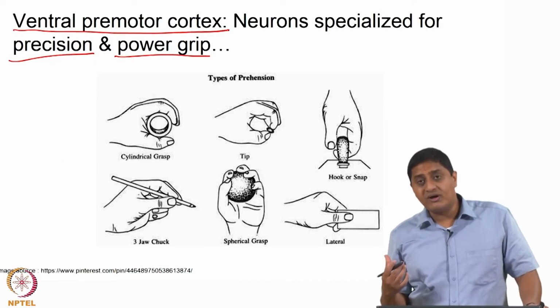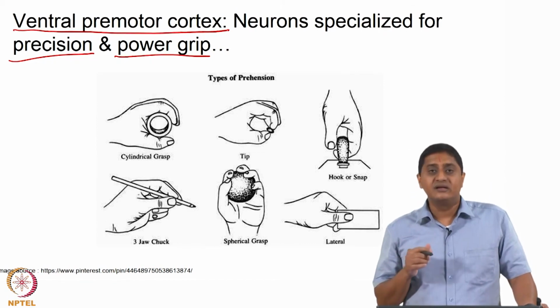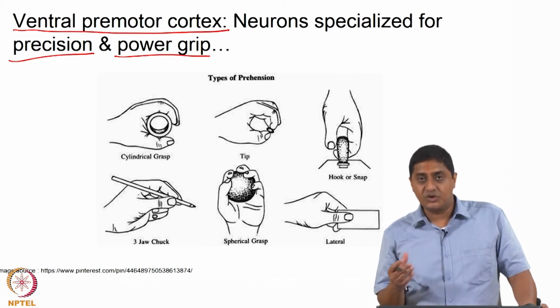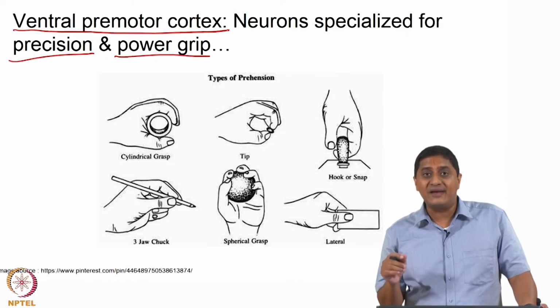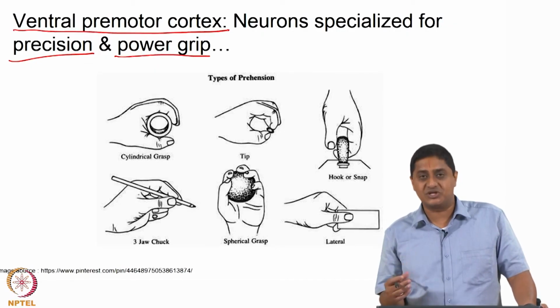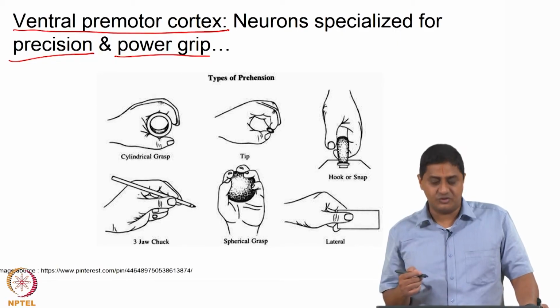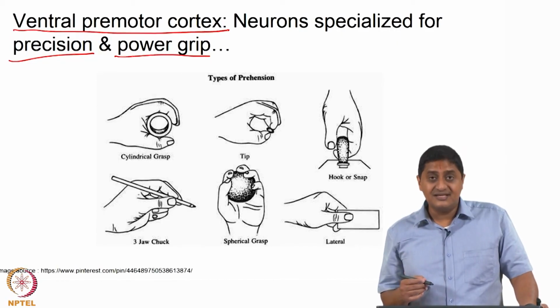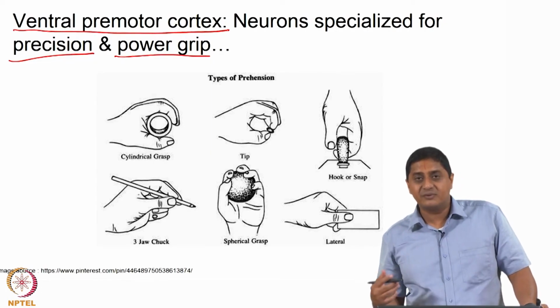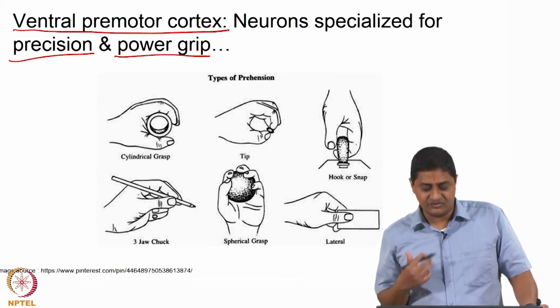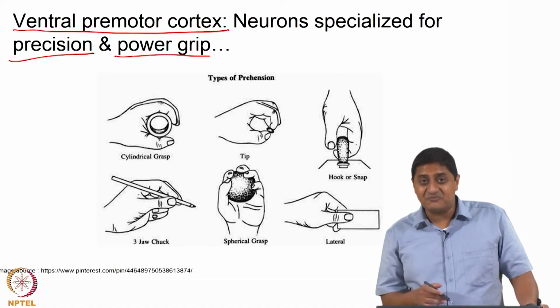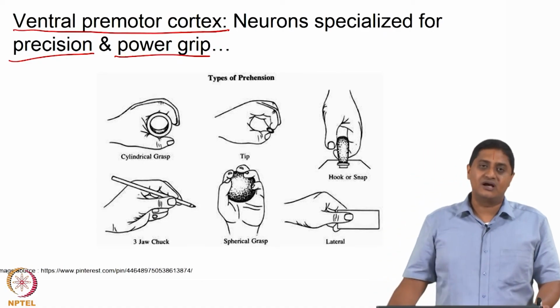In humans, an important ability that distinguishes humans from animals is the ability to manipulate objects. Dexterous manipulation of objects is a crucial evolutionary advantage that humans have. So, that means these neurons must be more specialized, more well developed in humans, is a hypothesis that we can have. But the point is that this is present even in animals, even in monkeys.